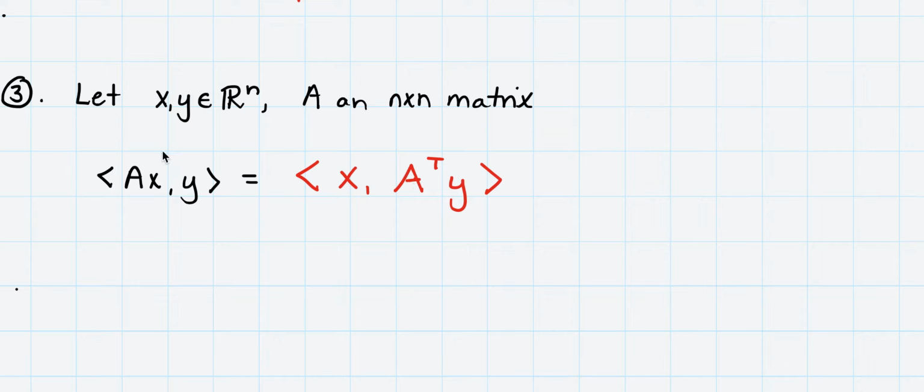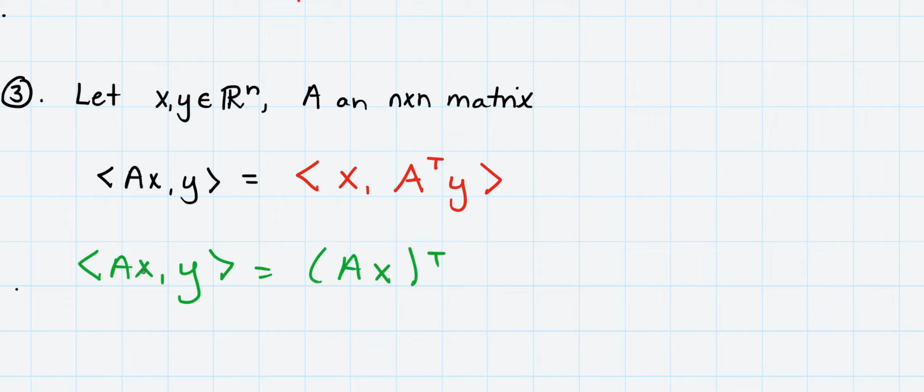Well, let's prove that. So the left-hand side, Ax with y, well, we take the transpose of what's written here and multiply it with y. Well, what happens when we take the transpose of two matrices being multiplied together?